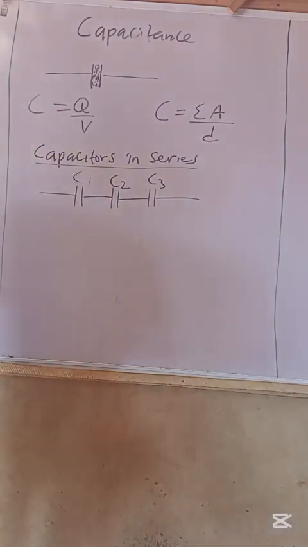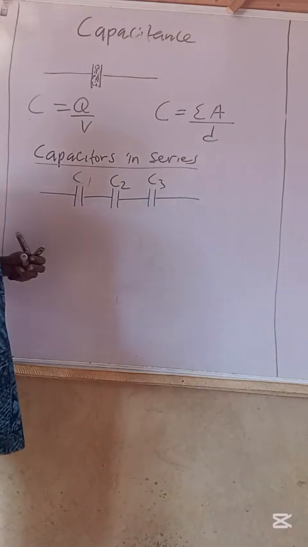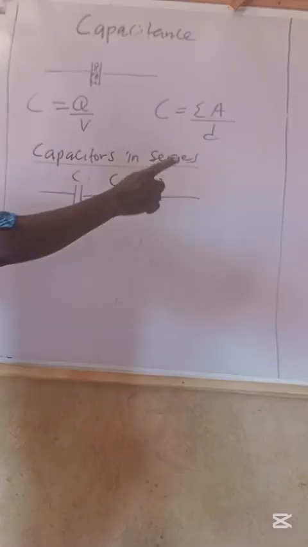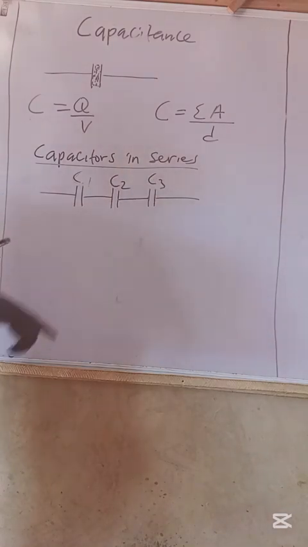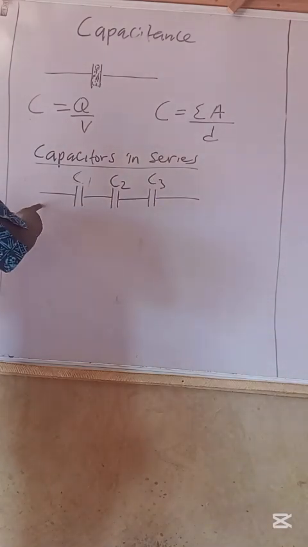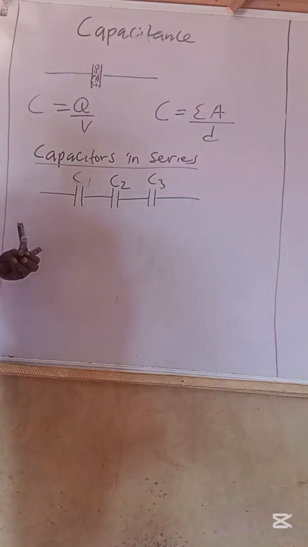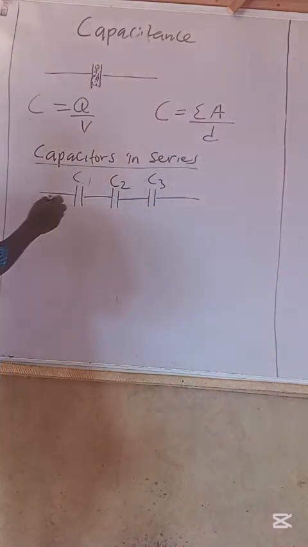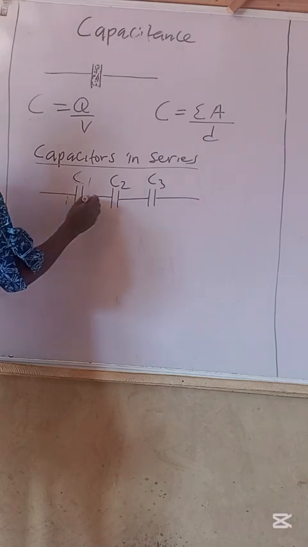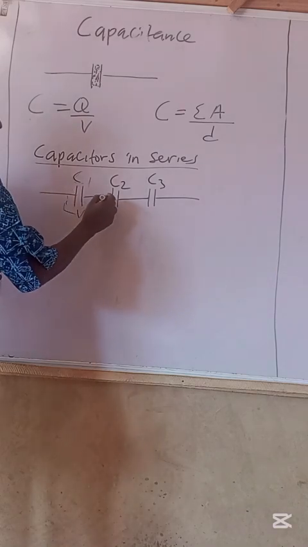You know, like we had in current, when you have resistors in series, the same current flows. This one now, it means that the same charge flows across these, but different potential difference. This one will be V1.